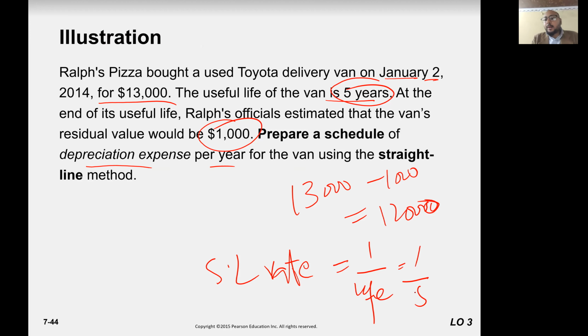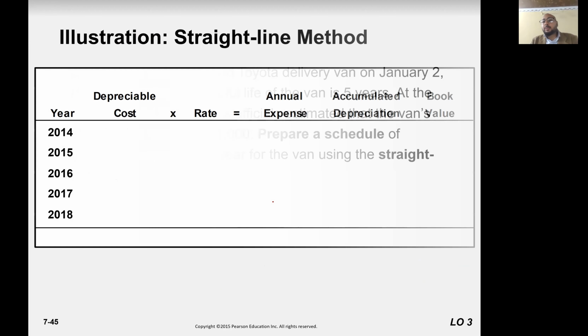And 1 by life, with 5 years, is equal to 20%. So you multiply 20% by the depreciable amount, not by the cost. If you apply it to the cost, that would be wrong because this is straight line depreciation. In the double declining method, we apply the rate to the cost, not the depreciable amount.